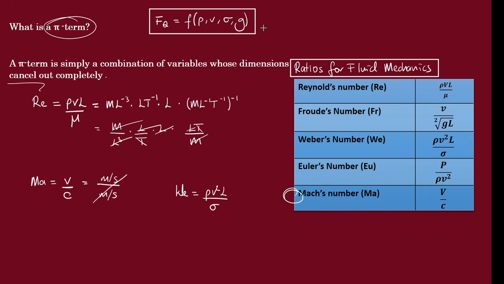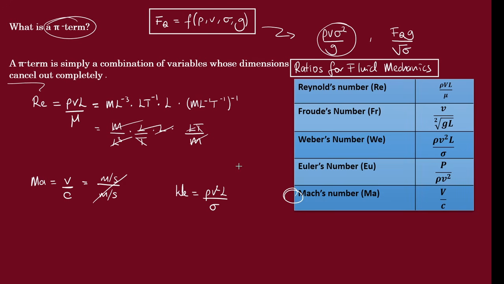A pi term for this problem may look something like rho V sigma squared over g. And another one may be F of Q g over root sigma. So just something like this. And when you analyze the dimensions for each of these, the terms are going to cancel out, leaving it dimensionless. So that's what the goal is.